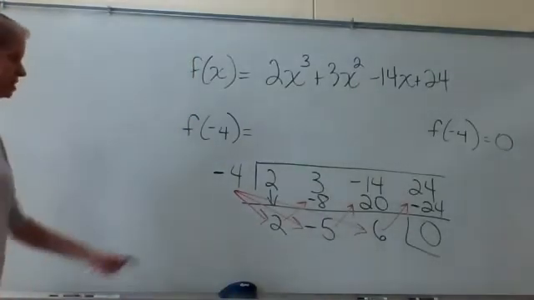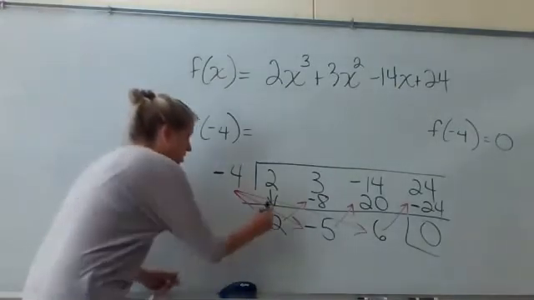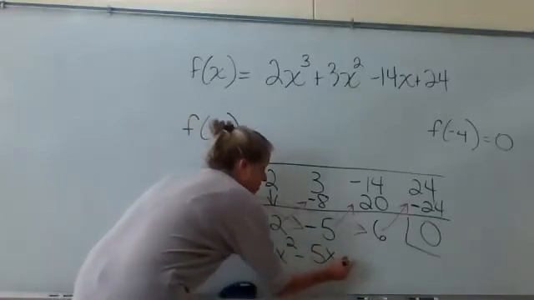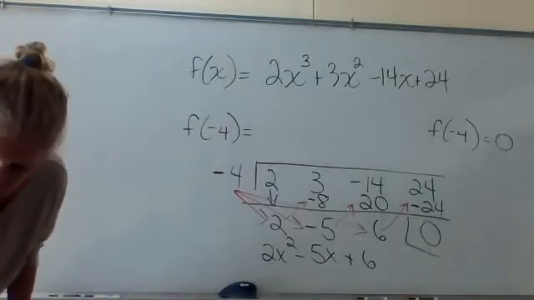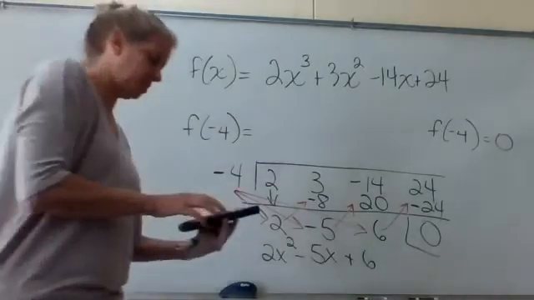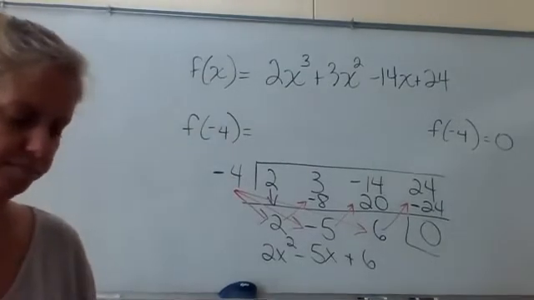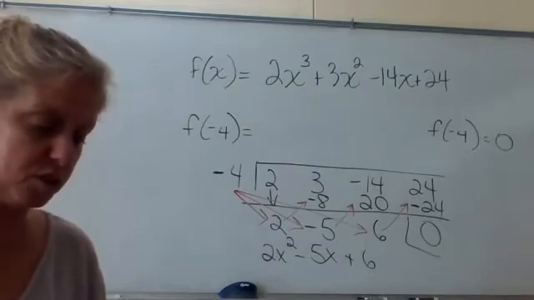Let's see what happens if I put those numbers in my quad. What is left over is 2x squared minus 5x plus 6. Let's put that in our quad to see what happens, because that should give me, if there are more, the other solutions.